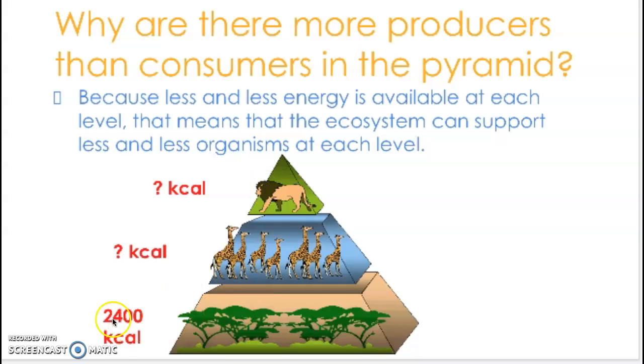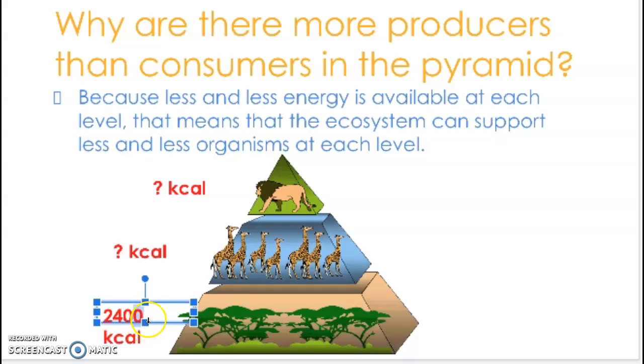So if I give you a problem and tell you that you have 2400 kilocalories available on this trophic level, how much of it will be transferred over to the next trophic level? Then you're going to take 10% of this. The way you usually do it is you just move the decimal one to the left.